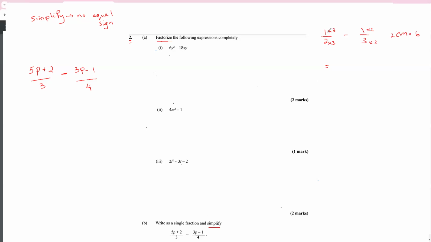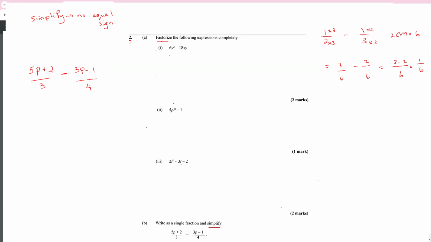And then we just solve it. So 1 times 3 is 3 over 3 twos are 6. 1 times 2 is 2 over 3 twos are 6. Once my denominators are the same, my denominator stays the same, and then I just subtract the numerator.